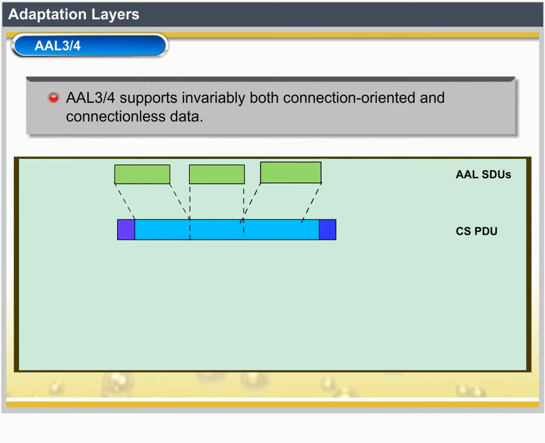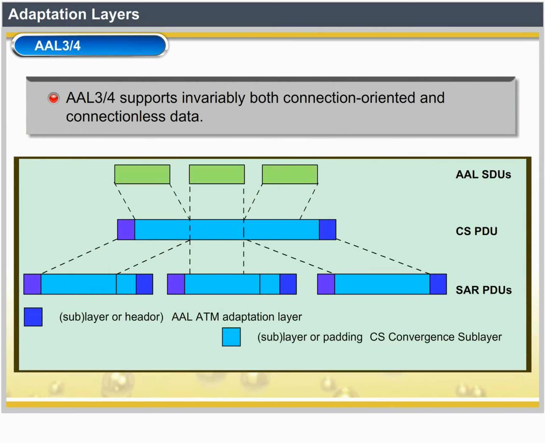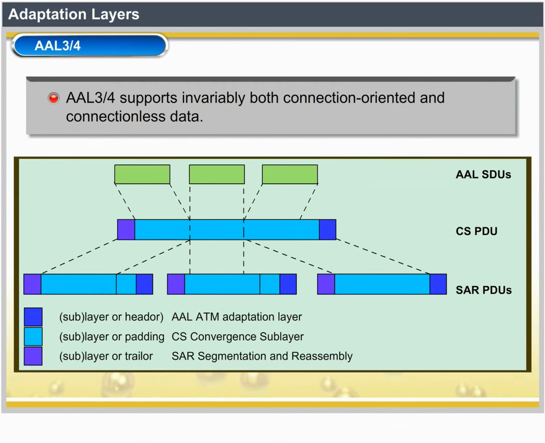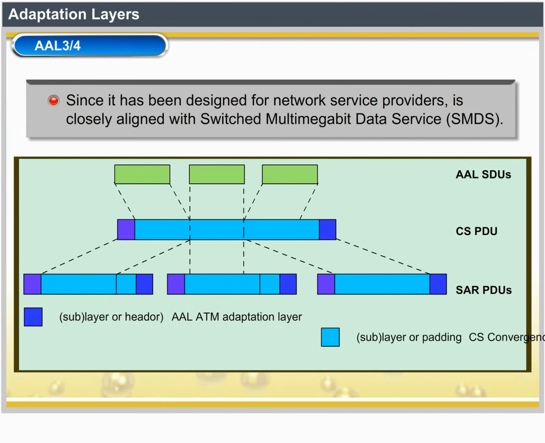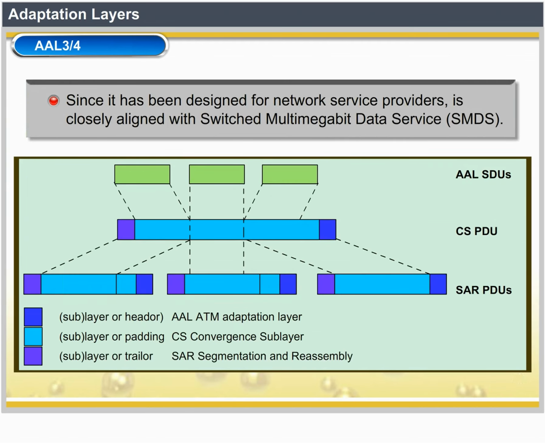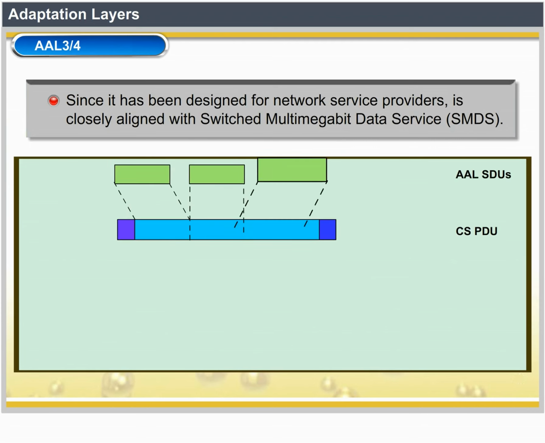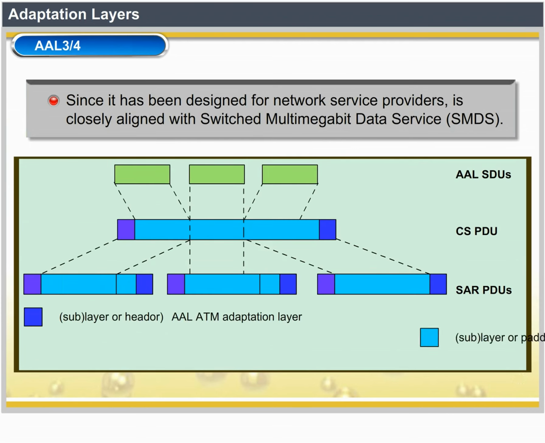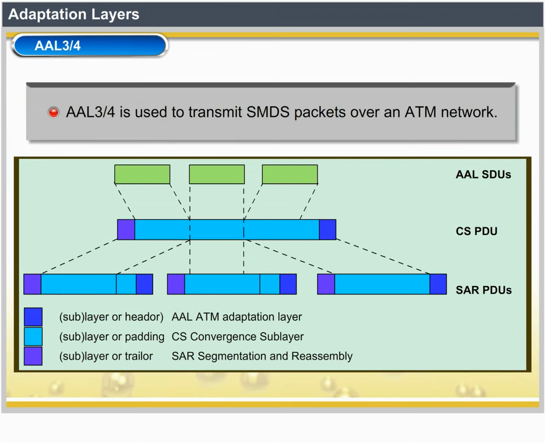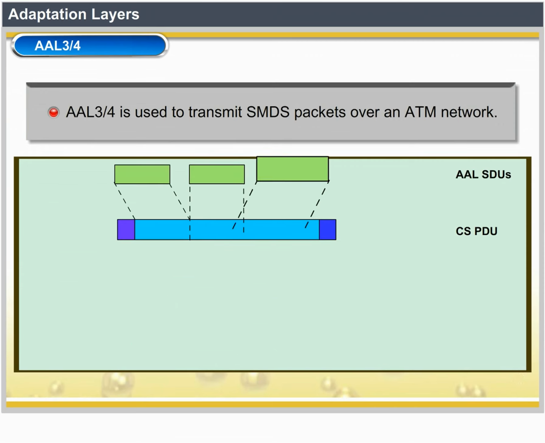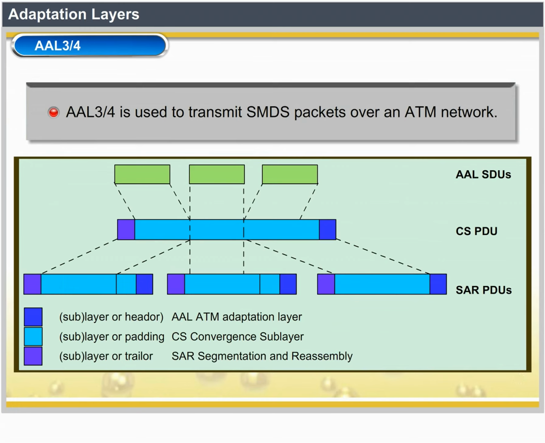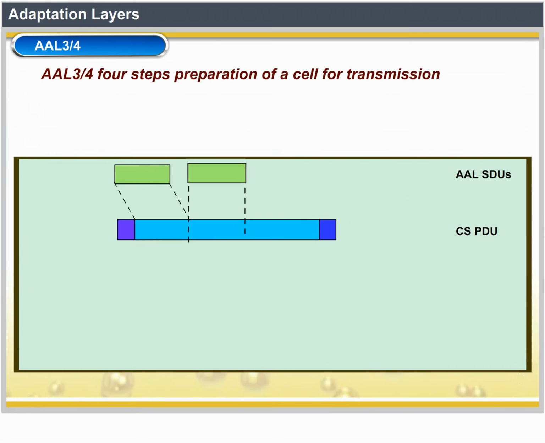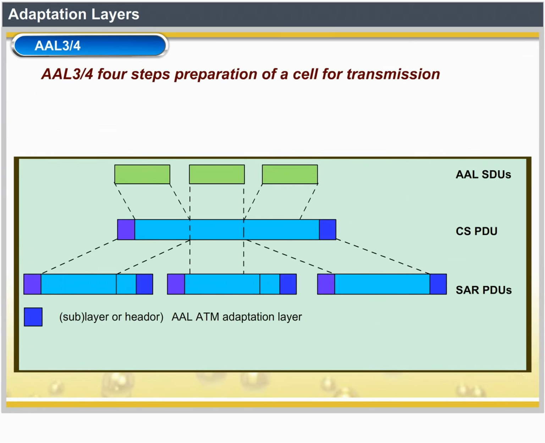The segmentation and reassembly, SAR, sublayer fragments the PDU and prepends a header to it. 3. Then the SAR sublayer appends a CRC10 trailer to each PDU fragment for error control. 4. Finally, the completed SAR PDU becomes the payload field of an ATM cell to which the ATM layer prepends the standard ATM header.